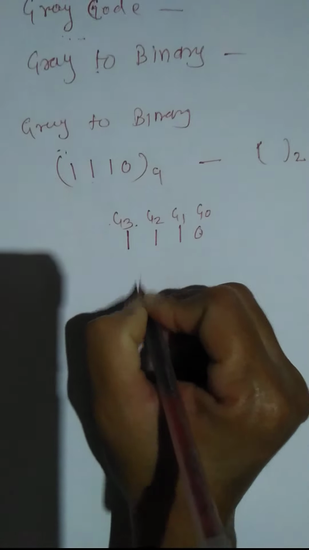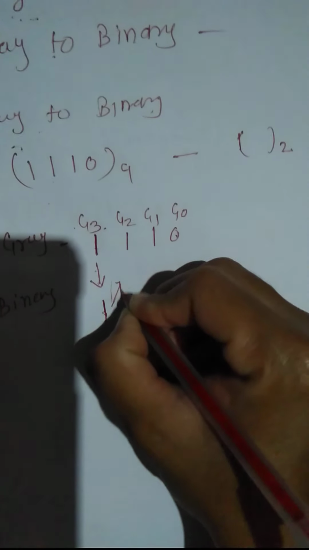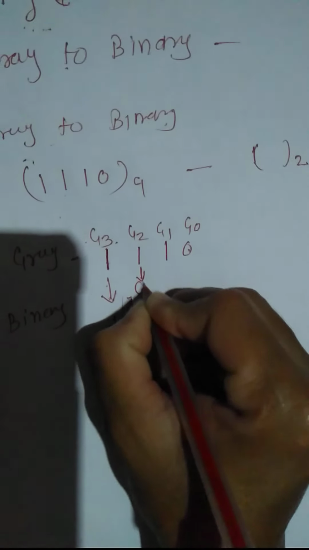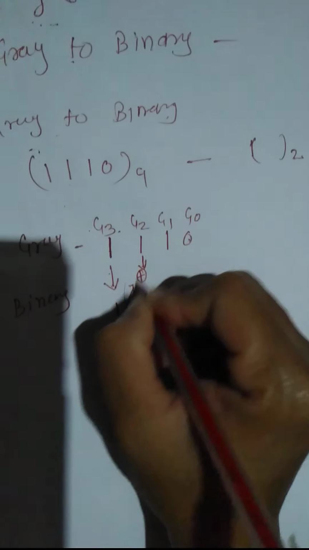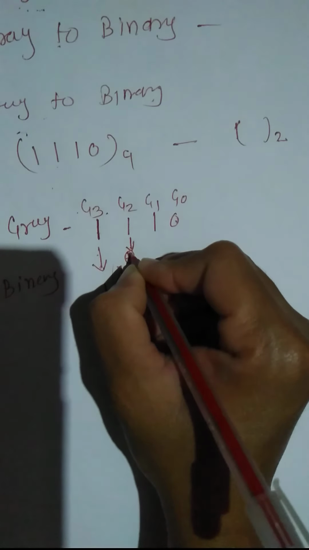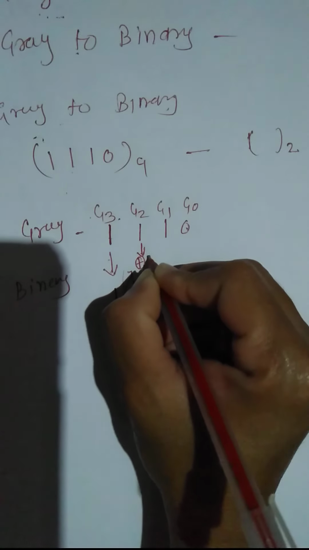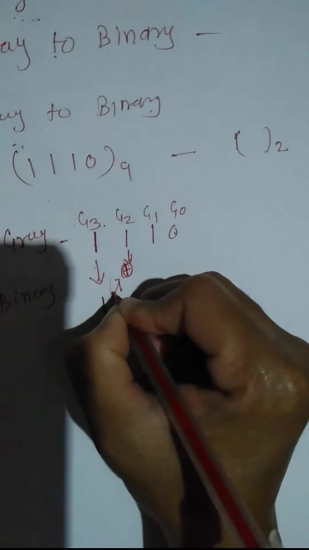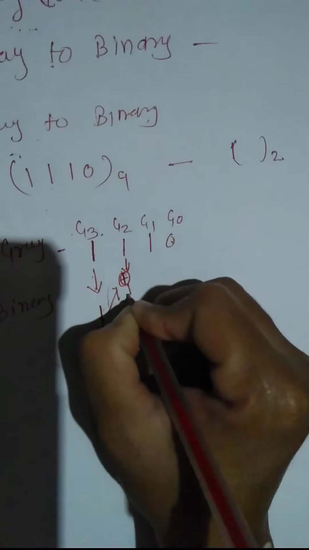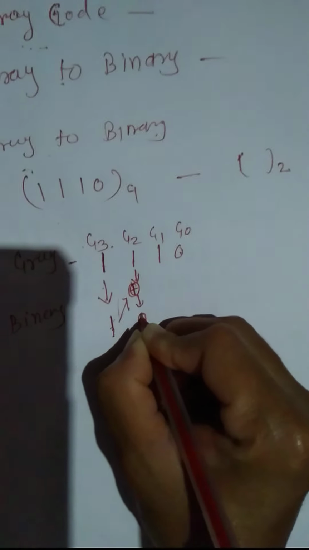First is gray to binary. In this gray to binary code, the first rule is that this is the MSB and this is the LSB. The MSB is copied directly into the binary. Then this MSB and the next bit we XOR, that is adding, as an XORing operation. 1 plus 1 is 0, so the answer is 0.